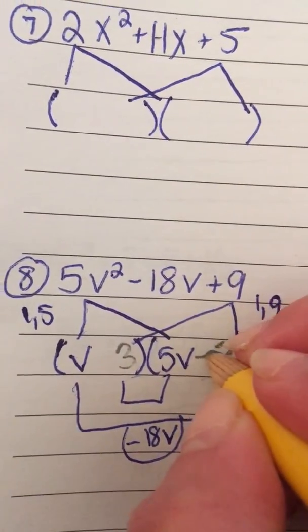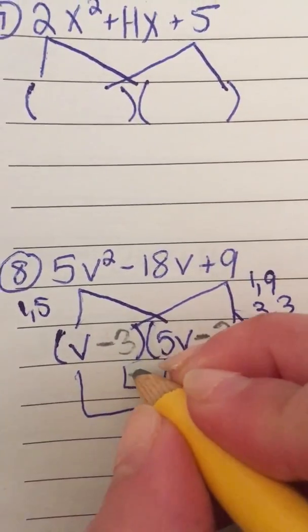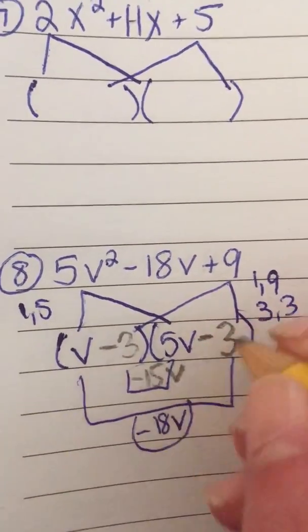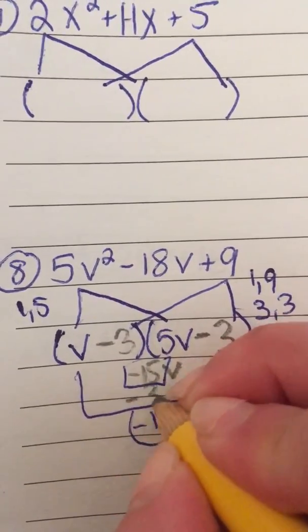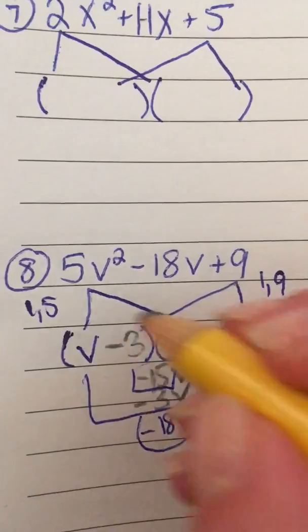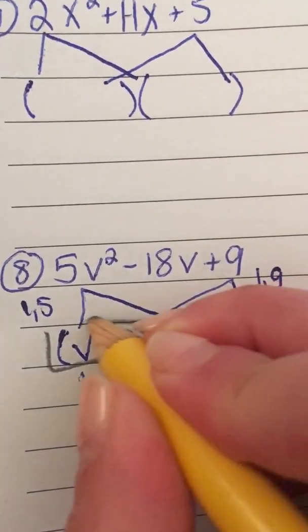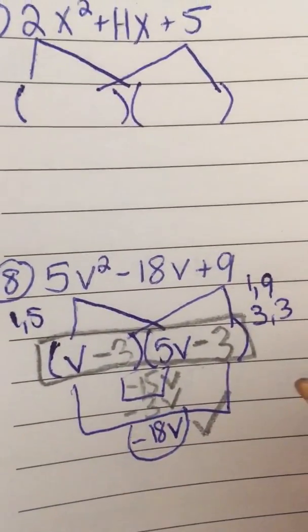So we're going to have minus 3, and let's make sure it works. So we have negative 15v and negative 3v. Those do add to negative 18v, so we are good. So there's v minus 3 times 5v minus 3 would be your final answer.